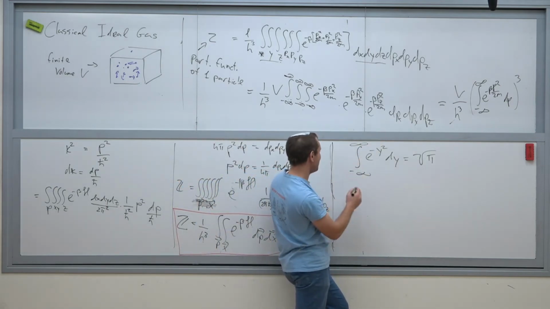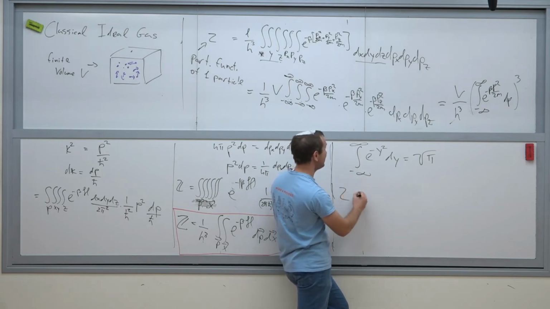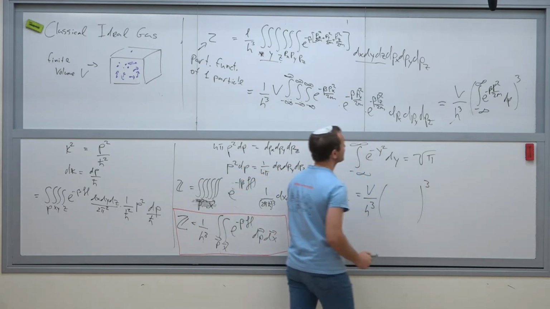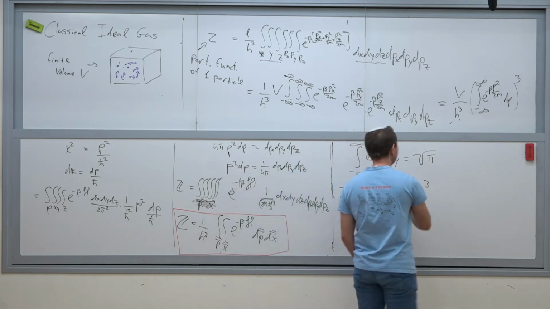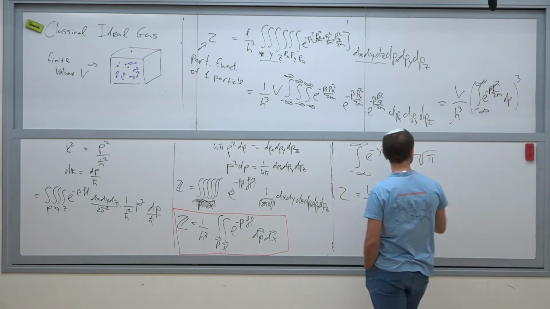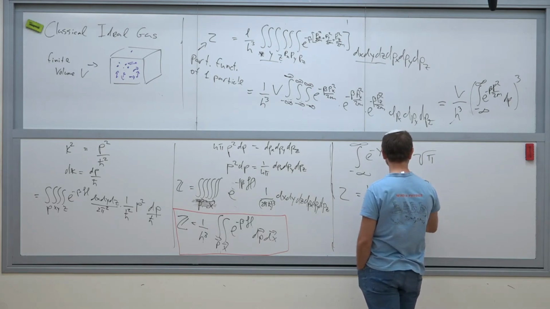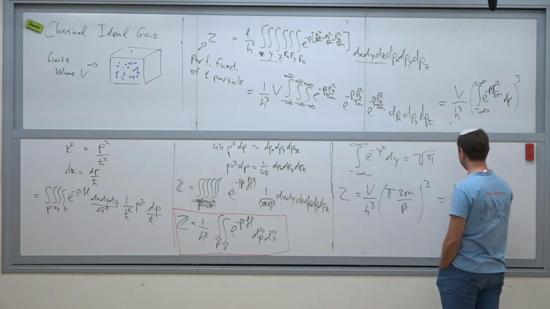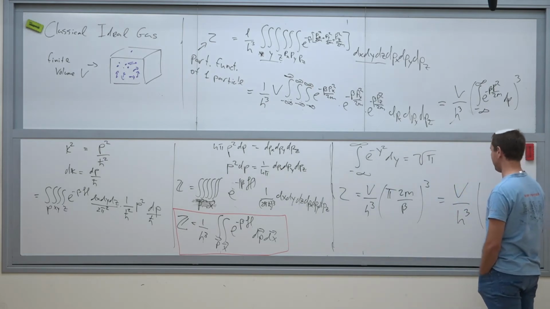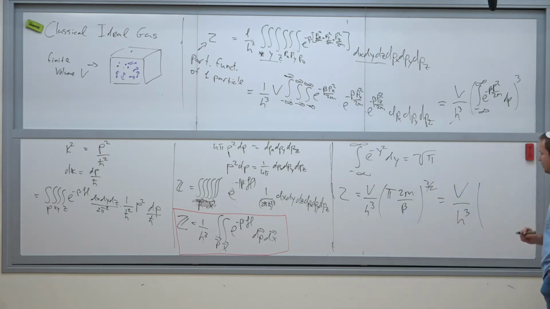Okay, so what we have is that z equals the volume divided by the Planck constant to the third power, times pi to the third power, and since it's not an integral over e to the minus y squared, there is a prefactor of beta divided by 2m, so it's simply 2m divided by beta. And it equals the volume divided by the Planck constant to the third power, times 2 pi m over beta, to the power of 3 over 2. Yes, thank you.